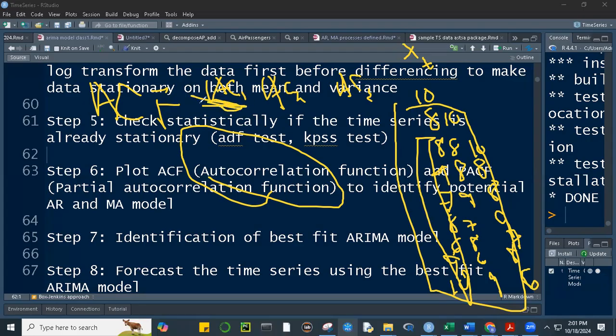Pareho lang siya. Pero class, pagdating dito, partial autocorrelation at lag 2 will be your autocorrelation at lag 2 minus the autocorrelation at lag 1. So lahat ng intervening, class, no? Ima-minus natin to get your partial autocorrelation.